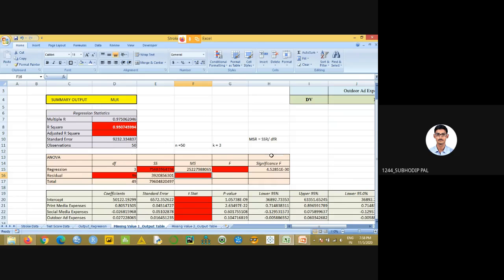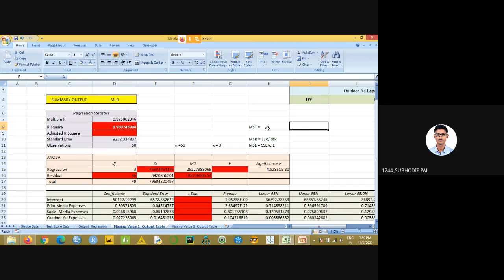Next is this one, MSE. The MSE formula is SSE by n minus k minus 1, that is, SSE by the degree of freedom for error, right? So this is equal to this 39 divided by 46. This one is the MSE. Next is MST.